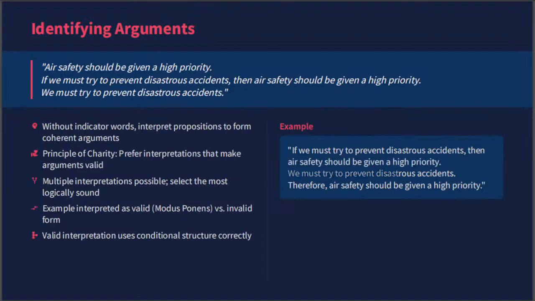We must try to prevent disastrous accidents. Therefore, air safety should be given a high priority. So this becomes now much simpler in a valid argument structure. And if we do agree that these propositions are true, then in fact our conclusion would be true because we have a valid form, the modus ponens. Let's proceed.